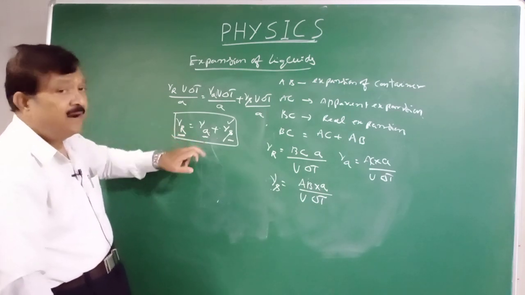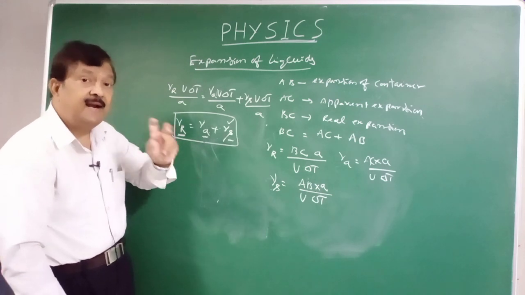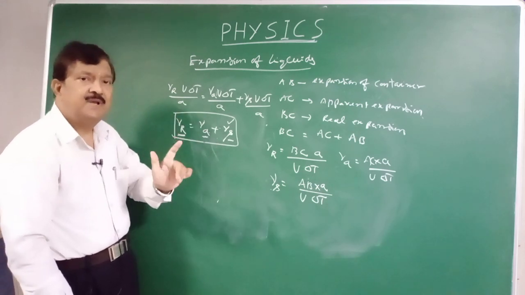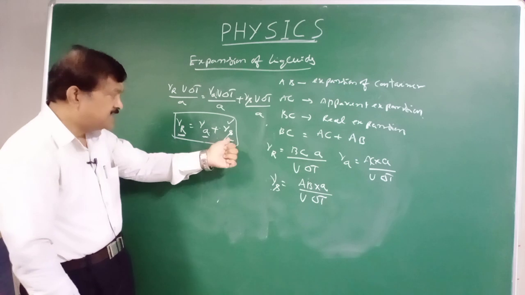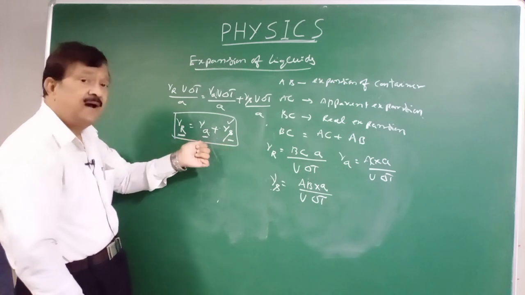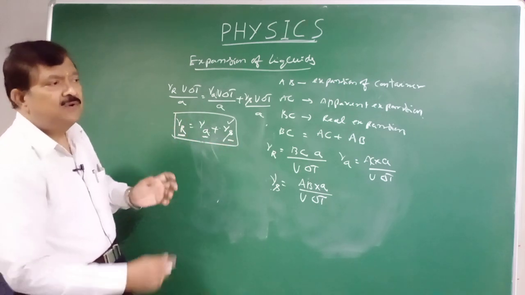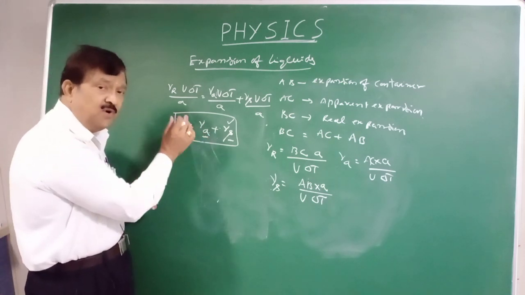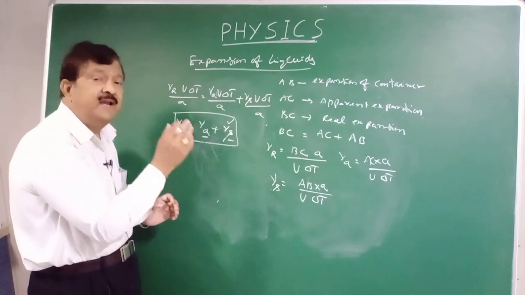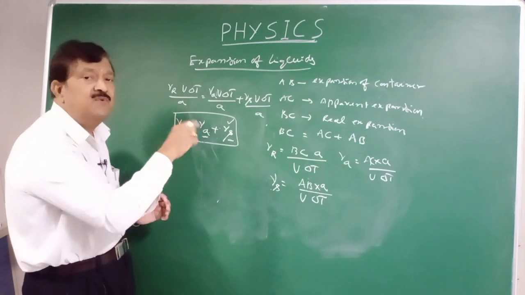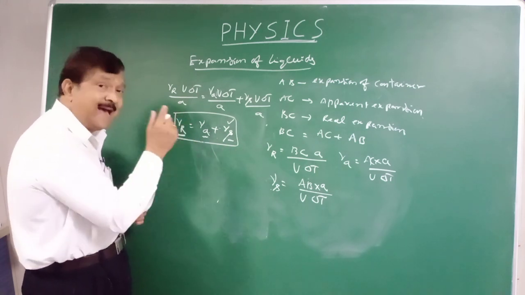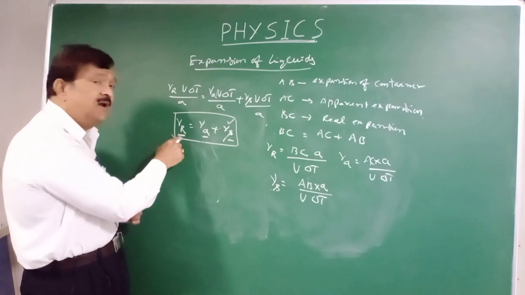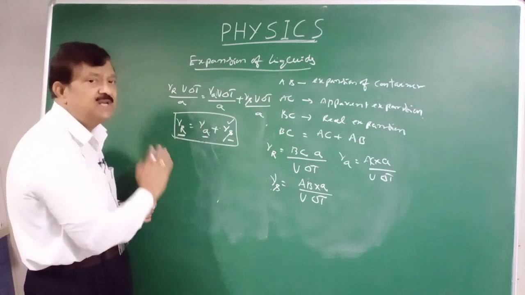But gamma A is the relative property with respect to the container. So try to remember that the coefficient of apparent expansion gamma A is the relative property of the liquid with respect to the container, and the absolute property of the liquid is the coefficient of real expansion.